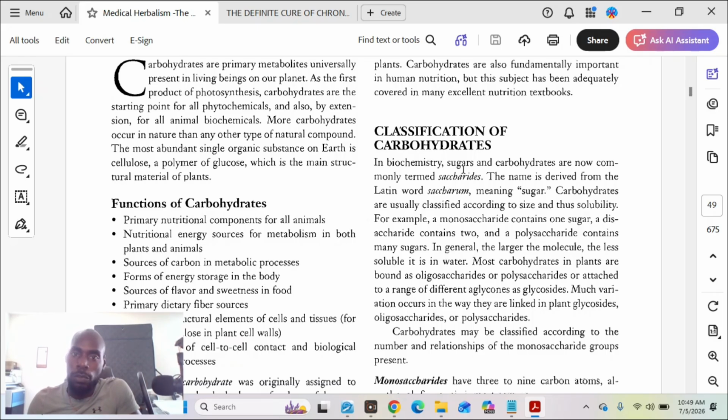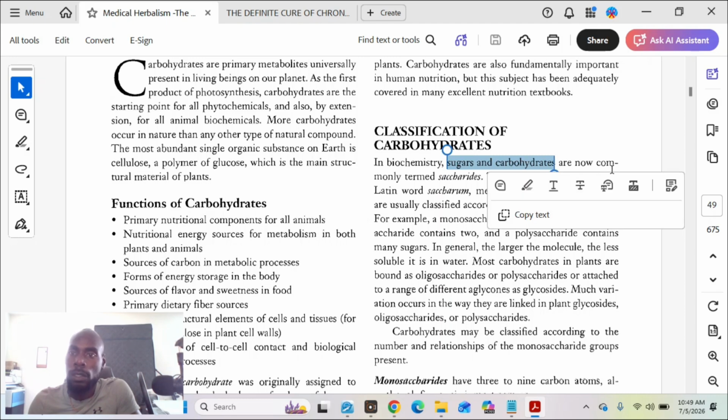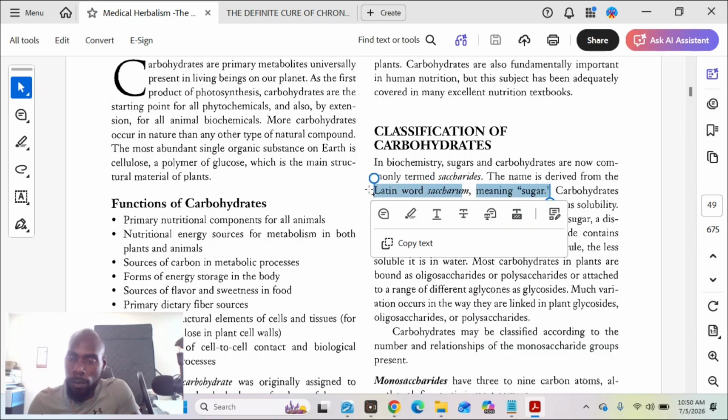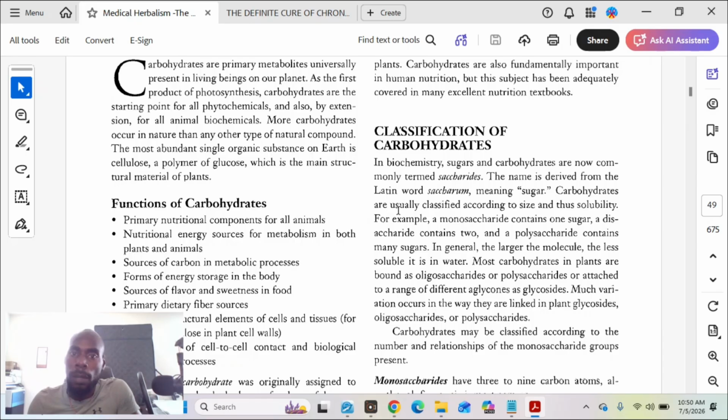In biochemistry, sugar and carbohydrates are now commonly termed saccharides. The name is derived from the Latin word saccharine, meaning sugar. Carbohydrates are usually classified according to the size and thus solubility.